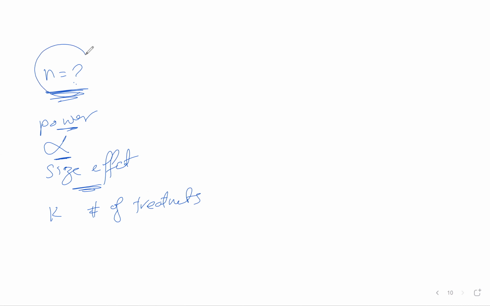So we need to find the sample size, or the number of replicates, or the number of experimental units assigned to each treatment, given some power, given some significance level, given some size effect, given the number of treatments we have.